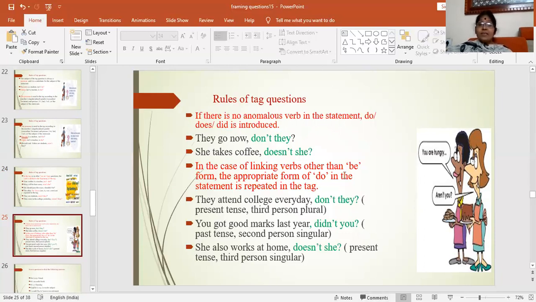In the case of linking verbs other than be form, the appropriate form of do in the statement is repeated in the tag. For example, they attend college every day, don't they? Present tense, third person plural. You got good marks last year, didn't you? She also works at home, doesn't she? Right? So we use these accordingly, depending on plural, second person singular and third person singular.